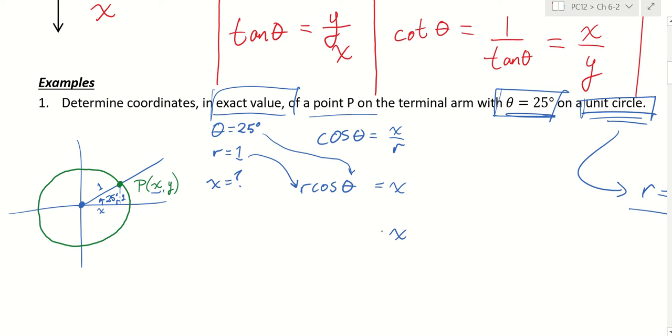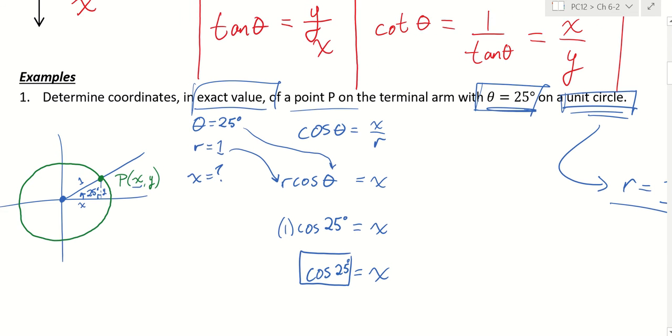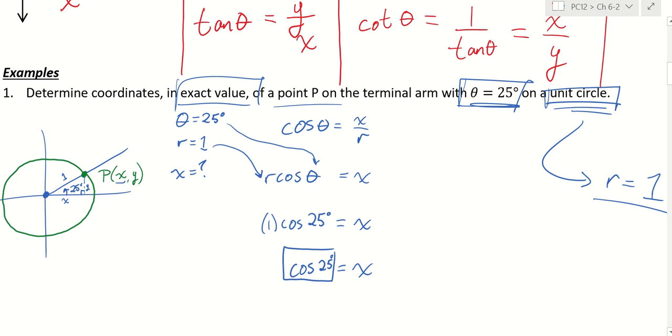So x equals 1 times cosine of 25 degrees. And if you type this into your calculator, you're going to get a decimal result. So for an exact value, we can just leave it like this. For an exact value, we can just say x is cosine of 25 degrees. There you go. All right, so we found the x coordinate. It doesn't look like a beautiful number, but there it is.